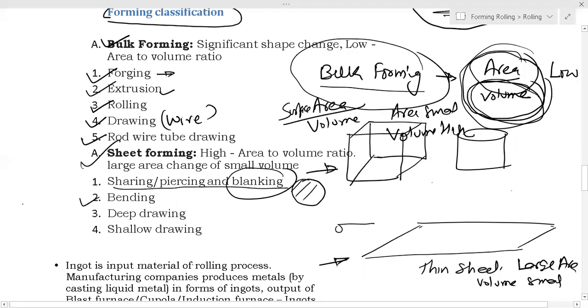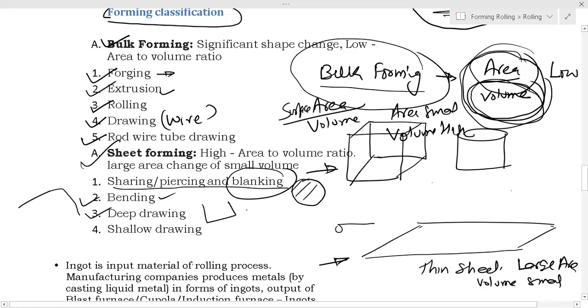And bending, bending is a very big topic. All car body materials are made of sheet, and this bending of sheet metal is very important. So we'll understand bending. Then you have deep drawing, another sheet metal forming process where we make a deep or shallow cup shape from the sheet.